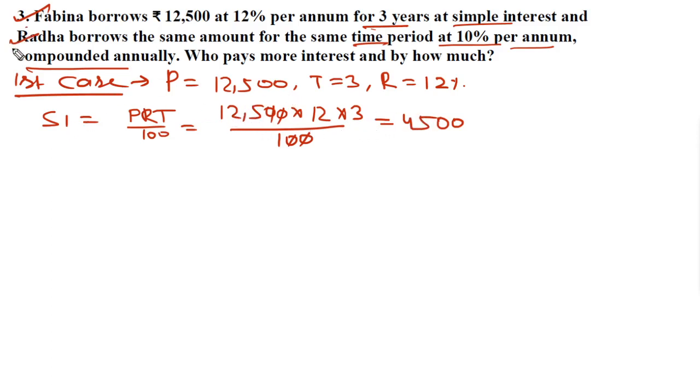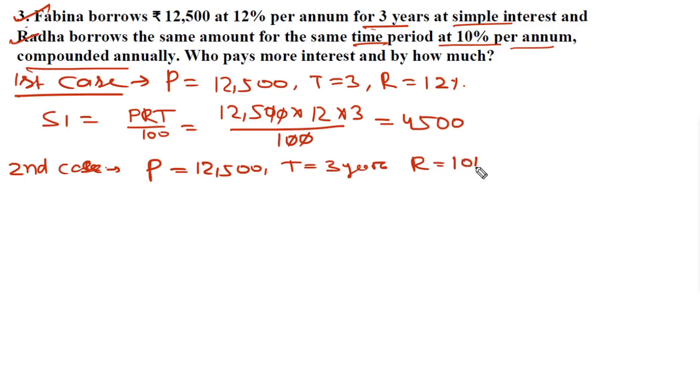Now we will move to the second case, that is Radha. Second case, here P, principal, is equal to the same 12,500. Here time is also the same, T equal to 3 years. Here rate of interest is different. Rate of interest is 10% per annum. Okay. Now we have to find the amount.